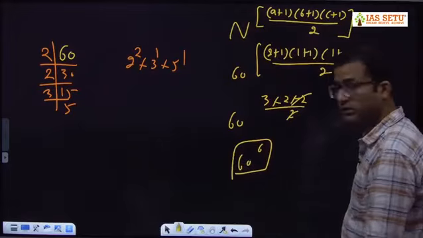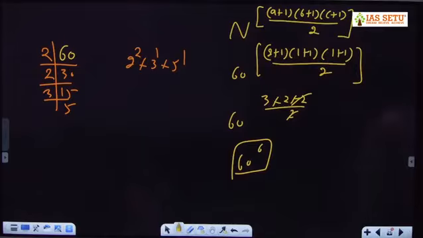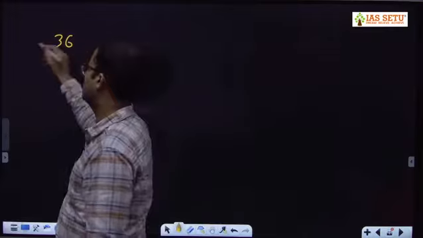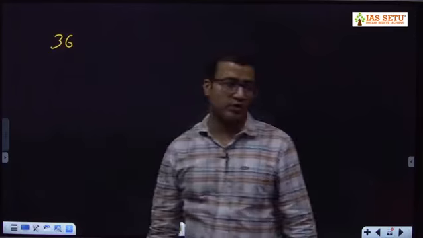Try one more question. All of you okay? 6 to the power 6. 36. Find the product of the factors of 36.